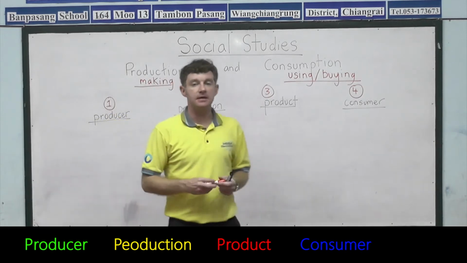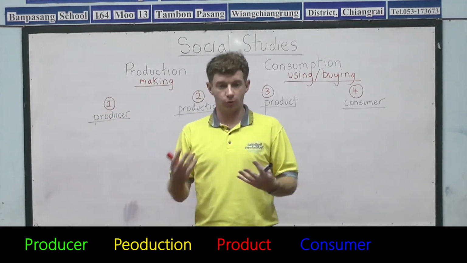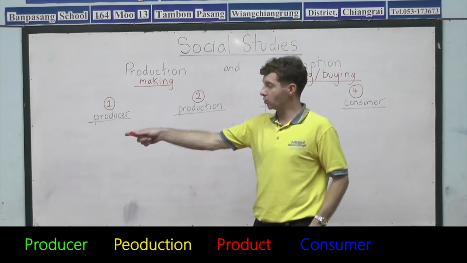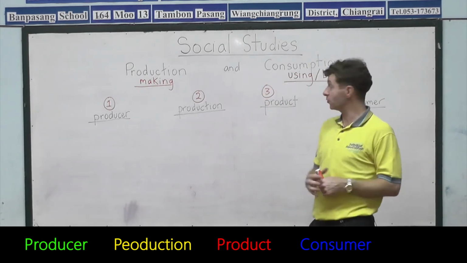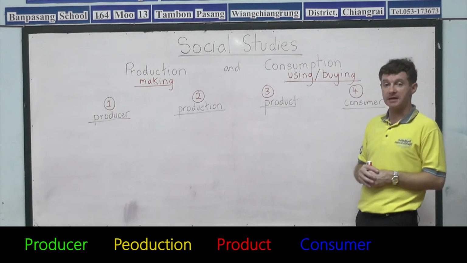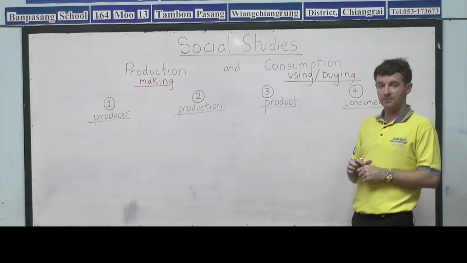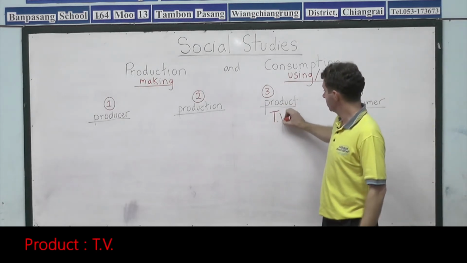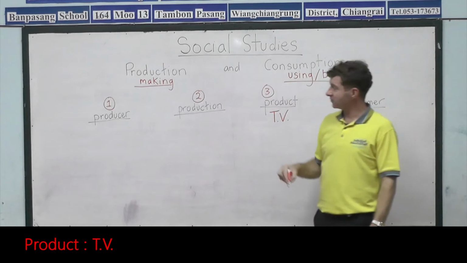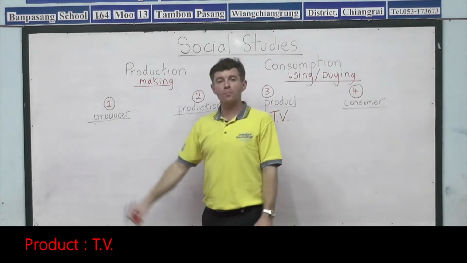So let's see. Somebody give me a product. How about we'll go with TV? TV is a product. So where shall I put TV in the stages? Stage 3, TV, product. So let's go back to stage 1. Who will be the producer?